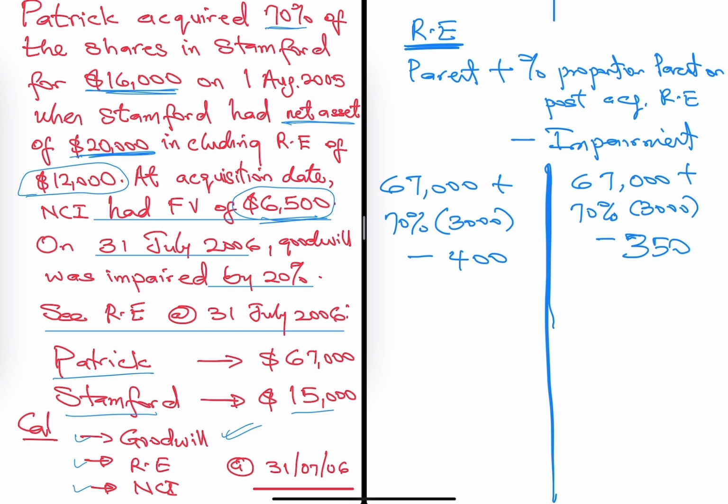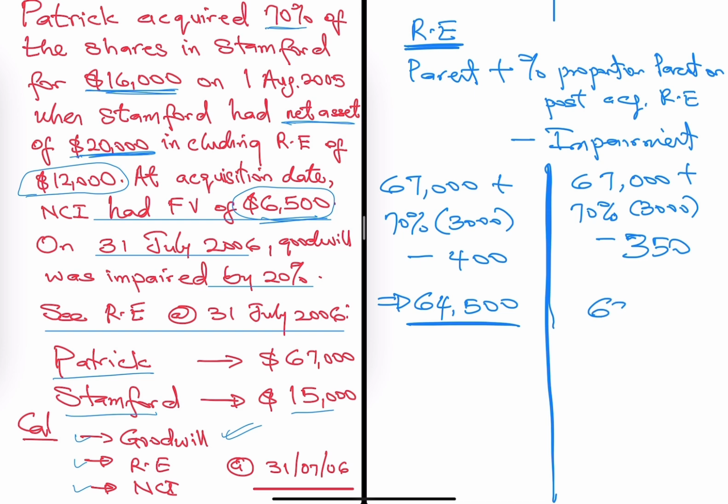So we need to take 67,000 plus 2,100. Then we need to take away 400, and we have 68,700. And we do the same thing for the other side, 67,000 plus 2,100, then minus 350.